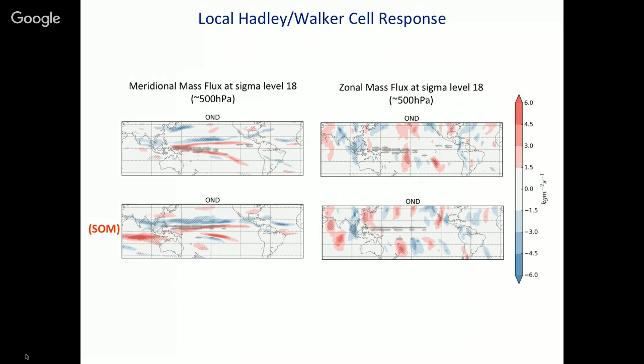This is a slab ocean model, so there is no upper level, and that's the reason why the sign is going that way. It means there is an anomalous Walker circulation responding to SST warming, but in the slab ocean case, there's no SST response. So there's essentially no Walker response in the lower-level wind stress.